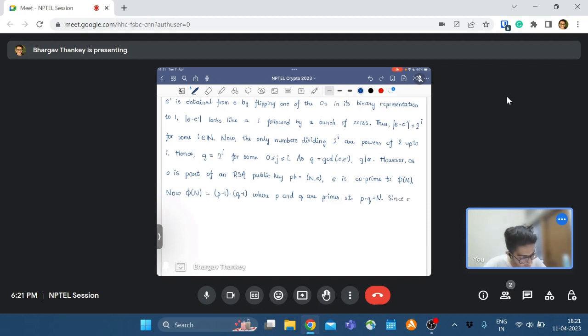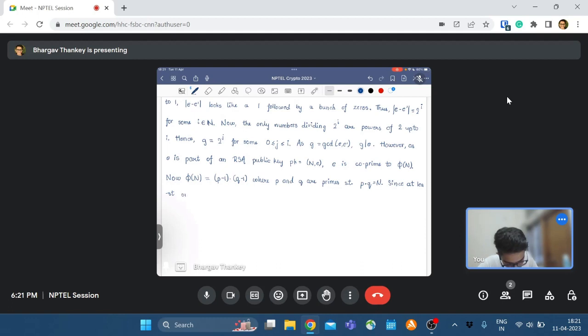Therefore, phi n is even. As the GCD of E and phi n is equal to 1, this means that E is odd.